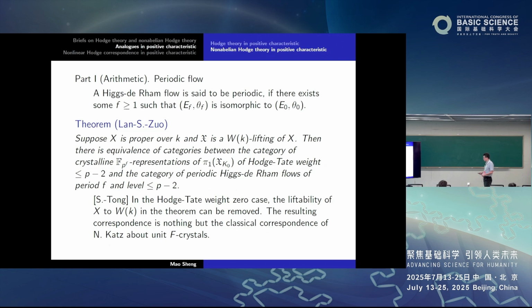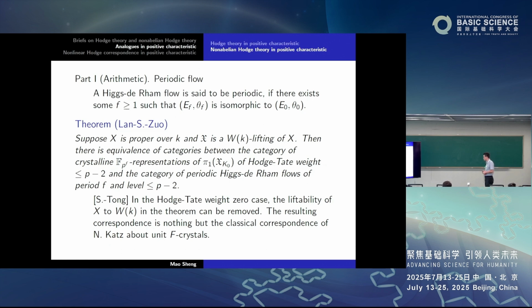And the theorem is: if you assume X is proper and W-liftable, for example in the case of a curve in characteristic p over a perfect field K, so you can lift it to W(K) and you choose some such lifting.